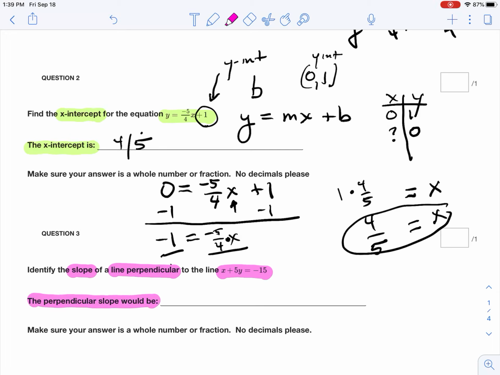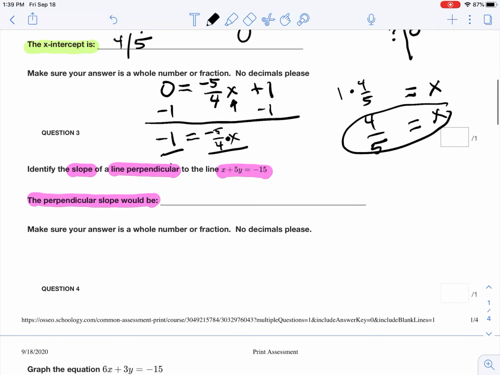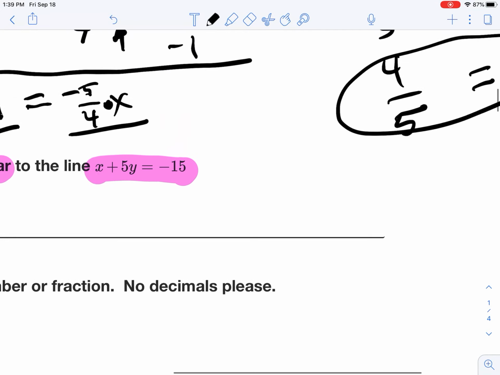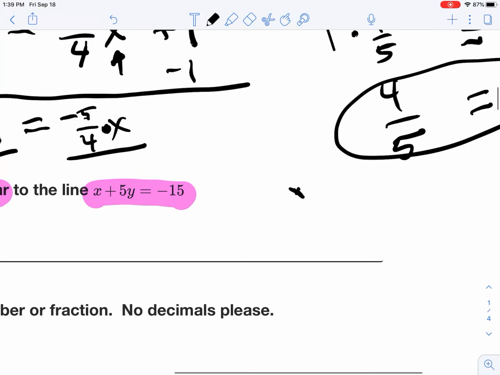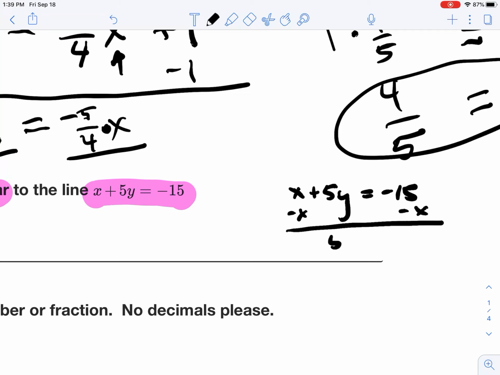I want the slope of a perpendicular line. So I'm going to go back to this and just write down x plus 5y equals negative 15. I'm going to subtract x from both sides and end up with 5y equals negative x minus 15.